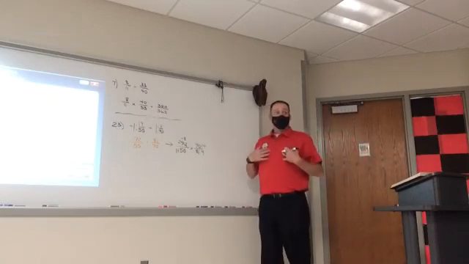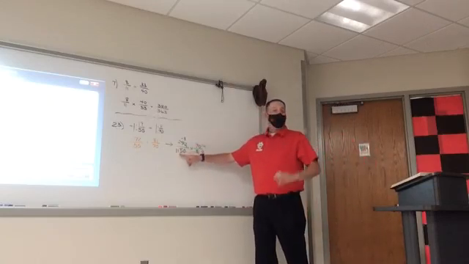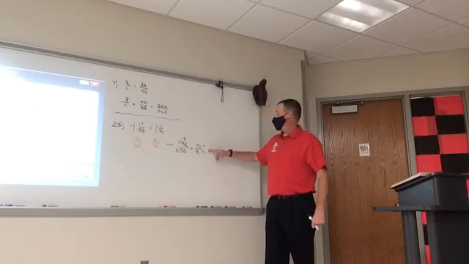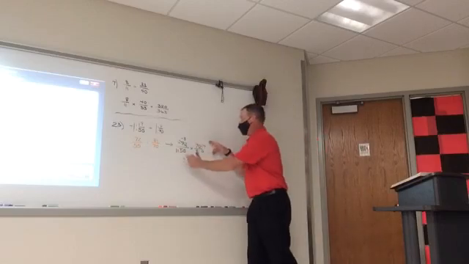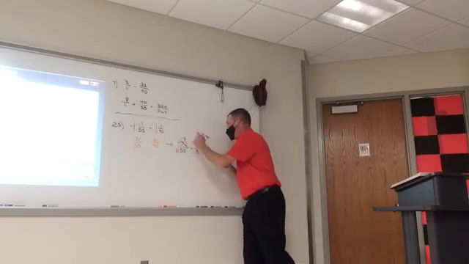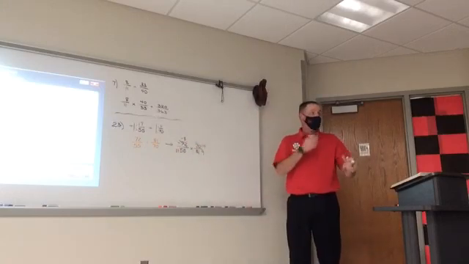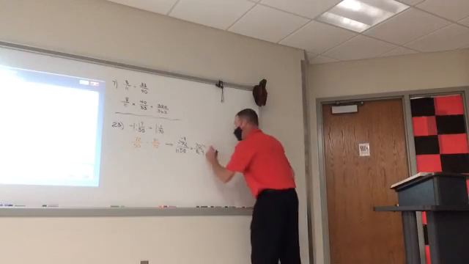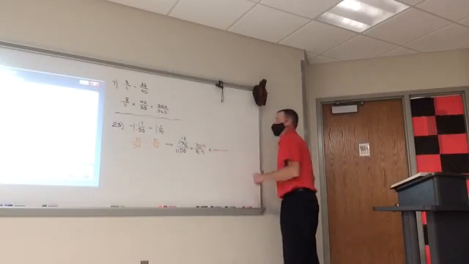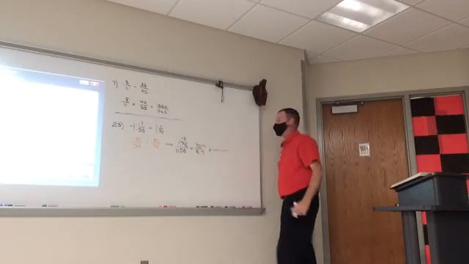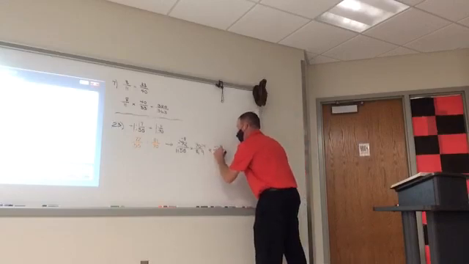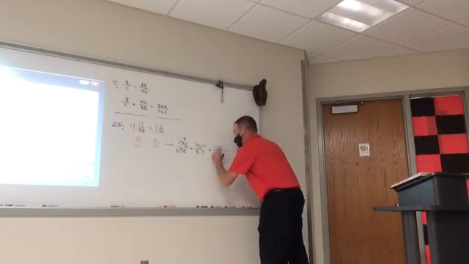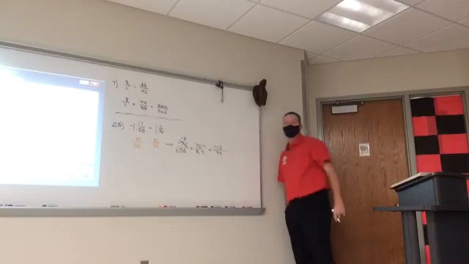Now, I'm still going to look at it. 8 and 11, those can't be reduced. 14 and 9 cannot be. 11 and 14 can't be, and 8 and 9 can't be. So my final answer when I multiply here, everything is going to be reduced. So, when I multiply negative 8 times 14, that should leave me with a negative 112. And 11 times 9 is going to be 99.